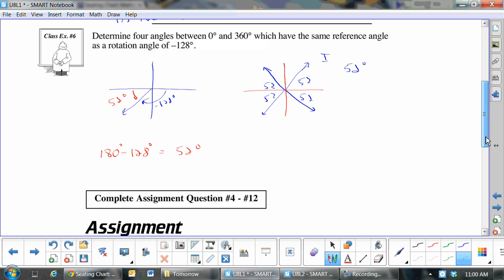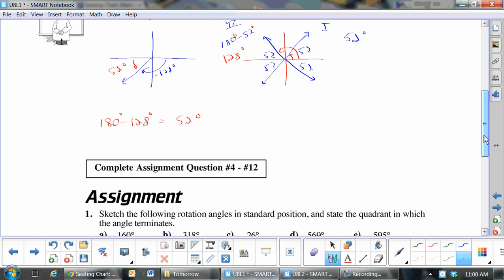Okay? How would you find the next one? 180 minus 52. Because we did this one, now we're doing this one. We're doing the rotation angles, and you get 128 degrees. How would you find the next one? 180 plus 52.